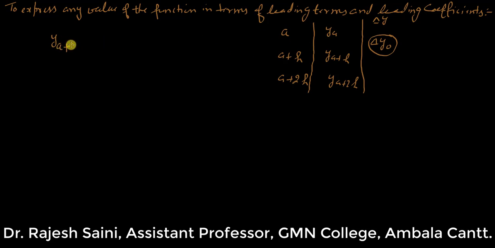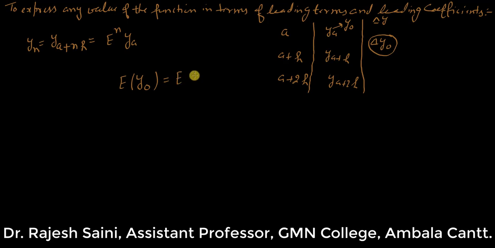So if you have to find the value of yn, if this value is denoted by y naught, then that will be y of a plus nh, and you know this will be equal to operating the shift operator upon ya n times. Like we apply a shift operator upon y one time, so what will the shift operator do?